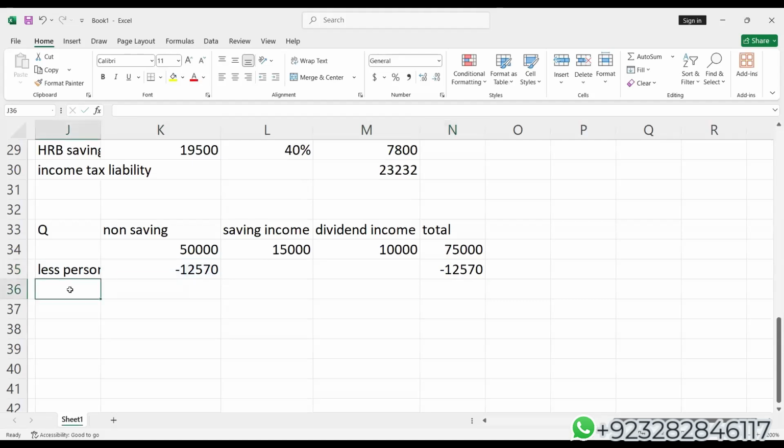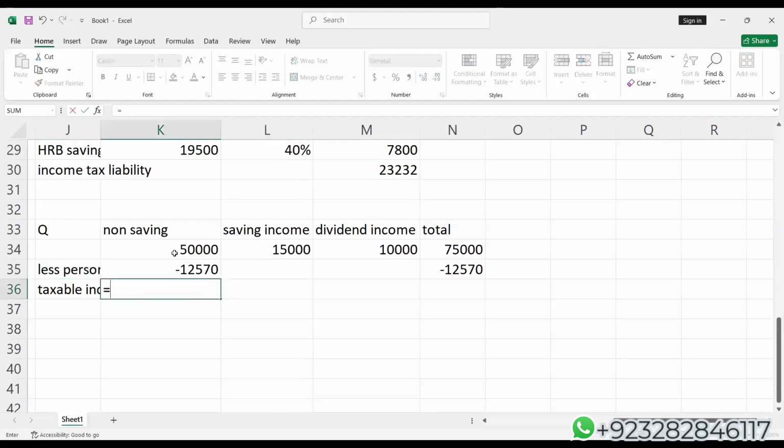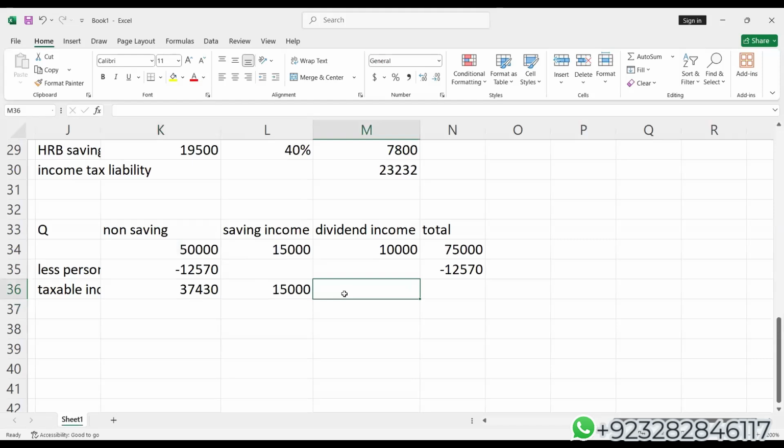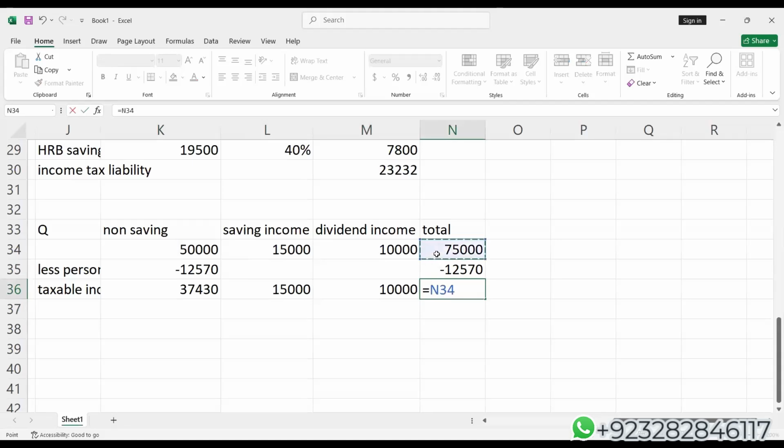After deducting the personal allowance, we will get taxable income. 50,000 minus the personal allowance. 75 minus this.